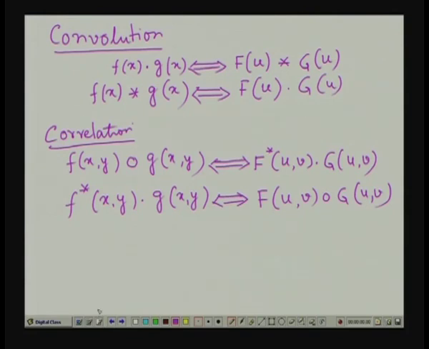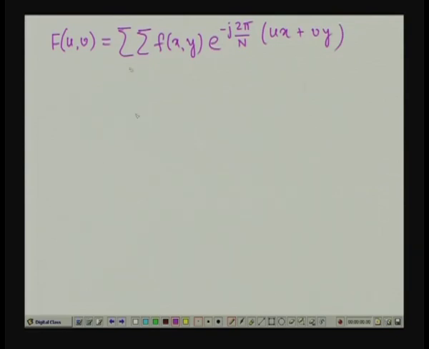Now, let us see an implementation of the Fourier transformation, because if you look at the expression of Fourier transformation, the expression we have told many times, this is F(u,v), which is the same as 1 upon N, summation of f(x,y) e to the power minus j 2 pi by capital N (ux plus vy), where both x and y vary from 0 to capital N minus 1.